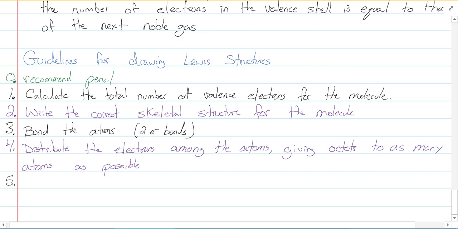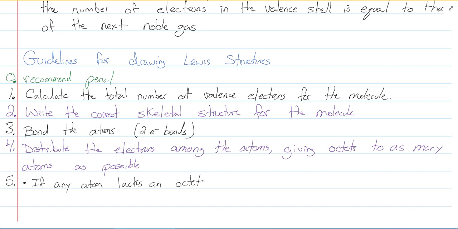Step 5, there's 2 points. If any atom lacks an octet, at this point all the duets should be fine, so they should be good.